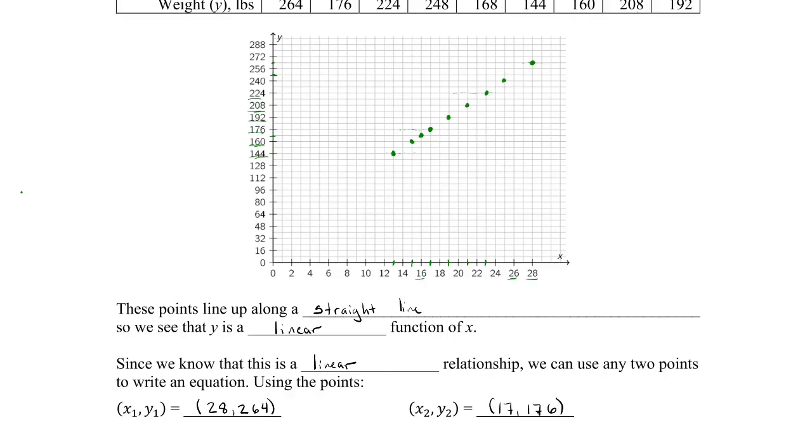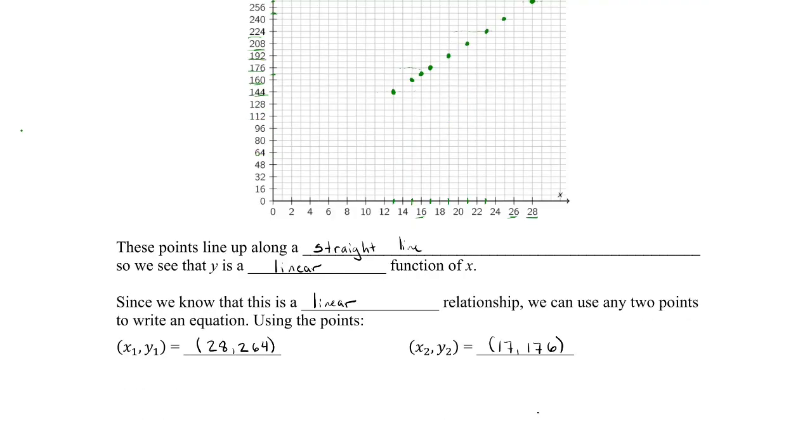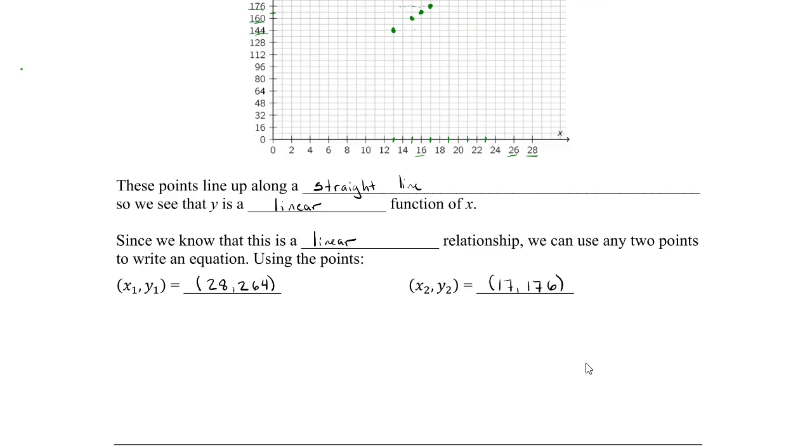Again, since this is a linear relationship, any 2 points we pick are going to give us the same equation. Just to help us keep track, I'm going to put these 2 points into a little table.